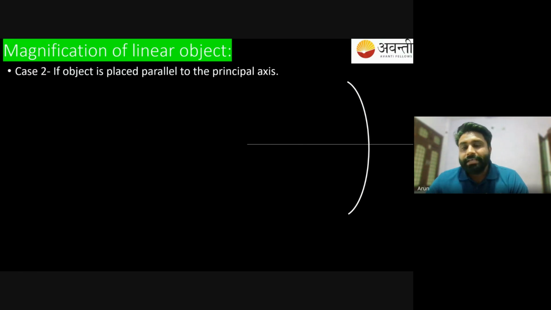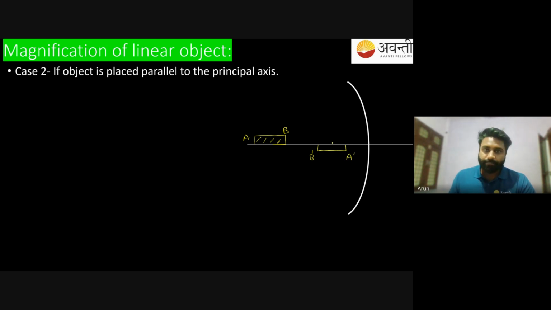Now, if the object is placed parallel to the principal axis, okay, that was perpendicular. If the object is placed parallel to the principal axis, so width of object I'm not considering. Okay, this is the object AB, and the image is formed over here, this is B dash, A dash. This is the concave mirror we have, and this is the principal axis. So here, what should be the magnification?